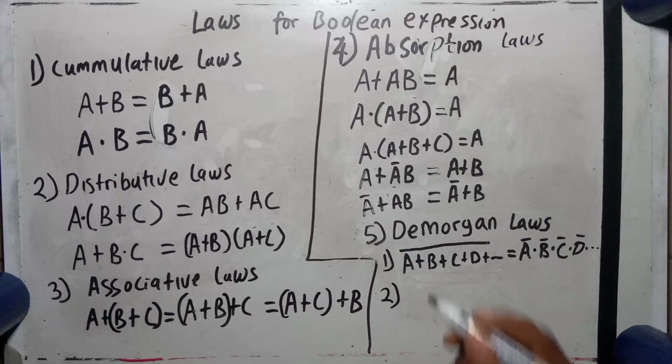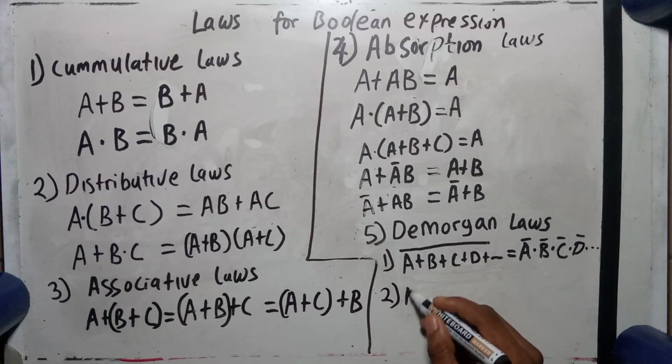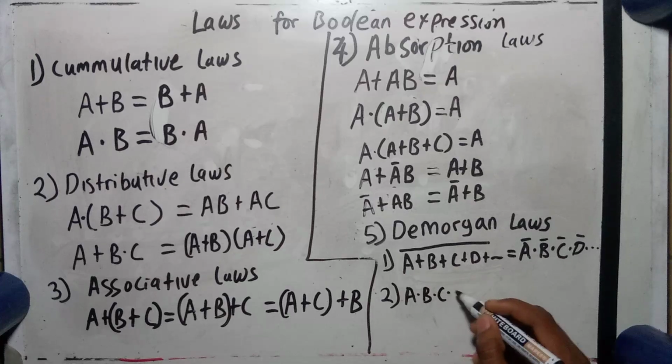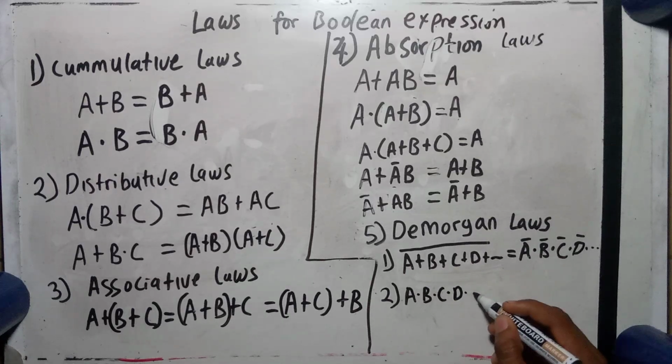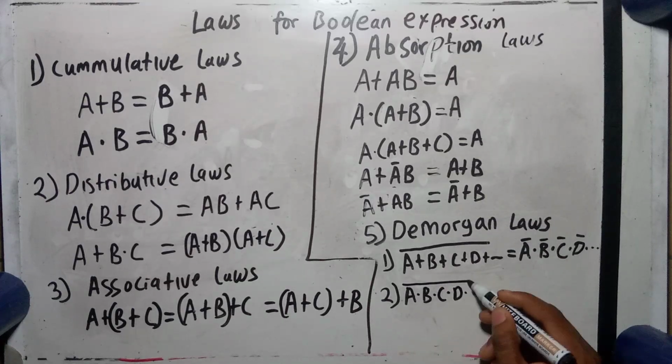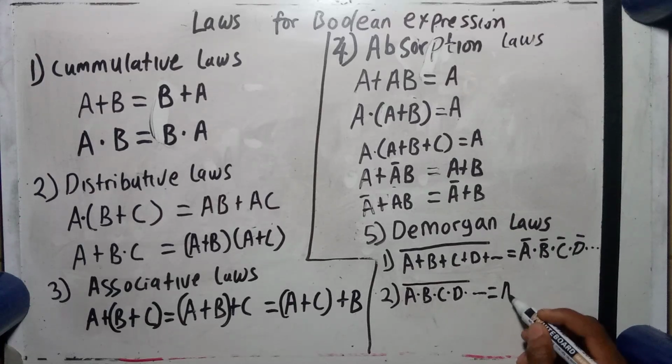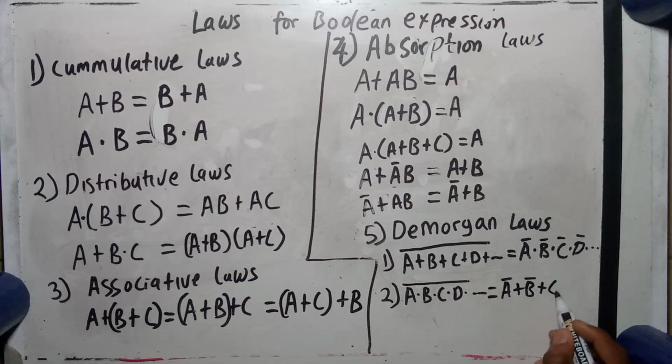Now the second one is A dot B dot C dot D dot and so on, and you bar all of it. All you have is A bar plus B bar plus C bar plus what? D bar.